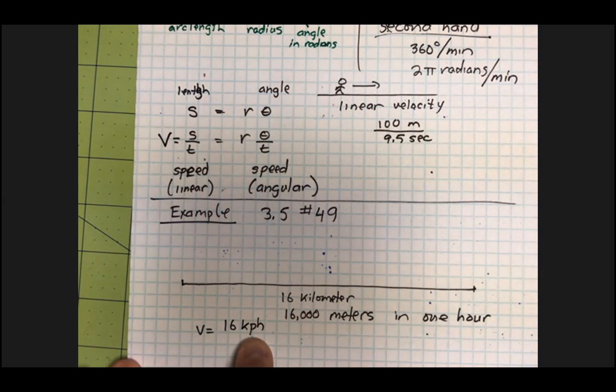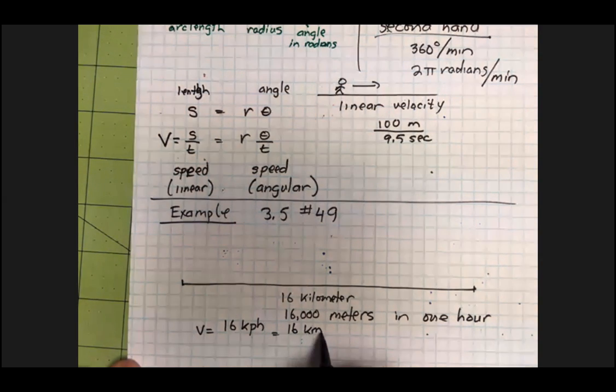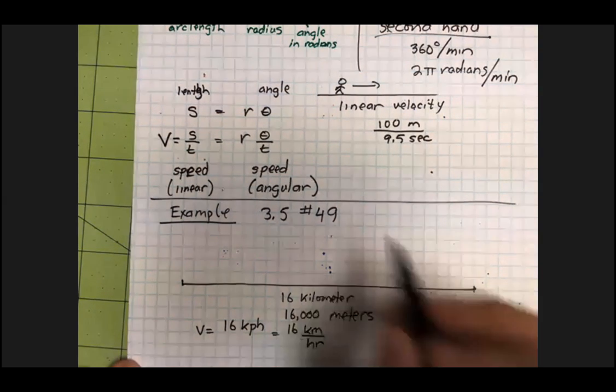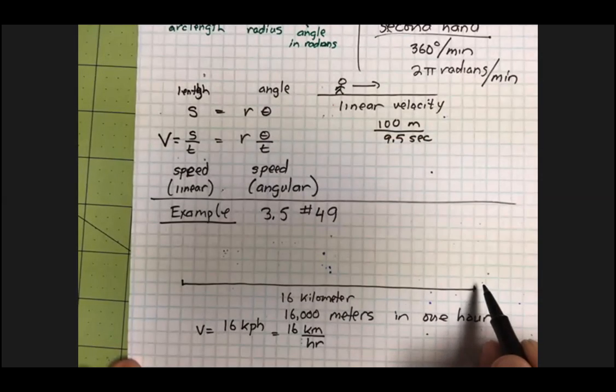We usually abbreviate kph, kilometers per hour, or you could just write it out completely: 16 kilometers in 1 hour. You can imagine the bicycle wheel rotated many, many times in that hour. And the bicycle wheel was exactly, go back to the problem, 30 centimeters.